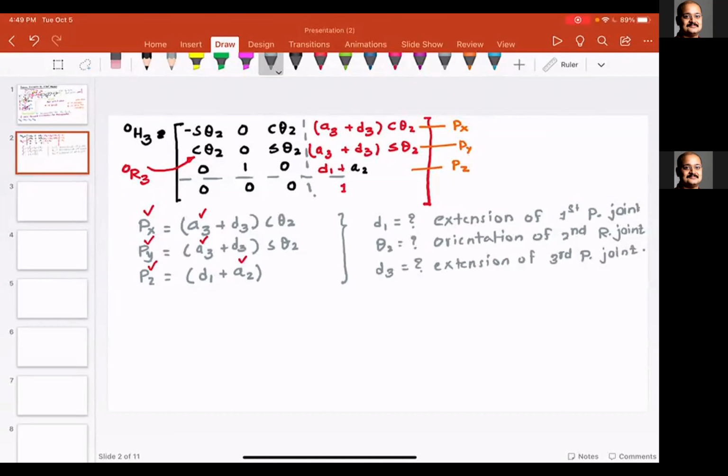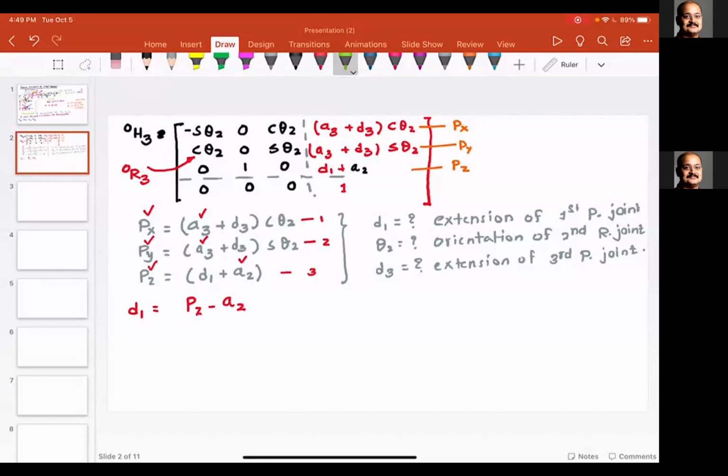These are the three variables I want to extract. Three equations, three unknowns: this is my equation 1, equation 2, and equation 3. Finding D1 is very simple. D1 is equal to Pz minus A2. So my value of D1 is known.